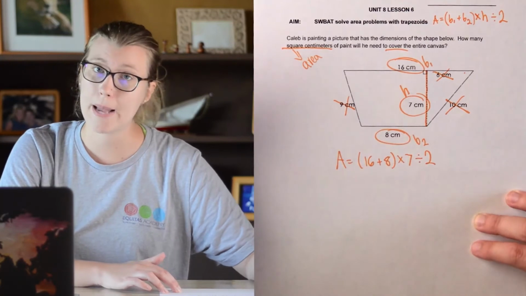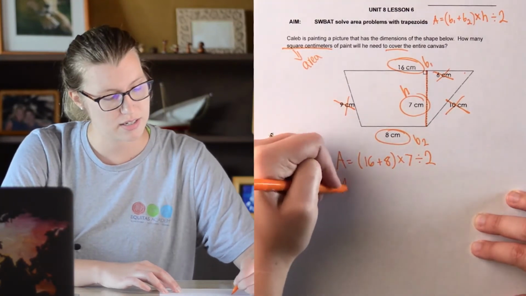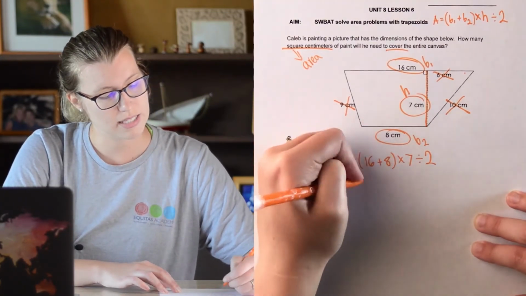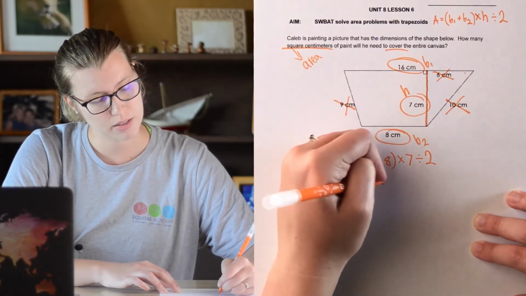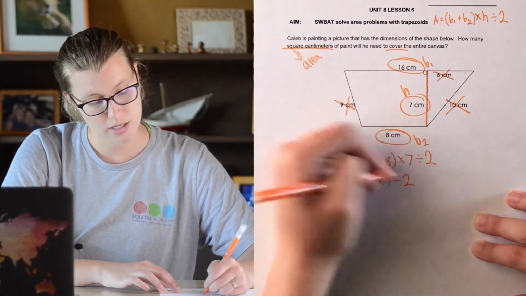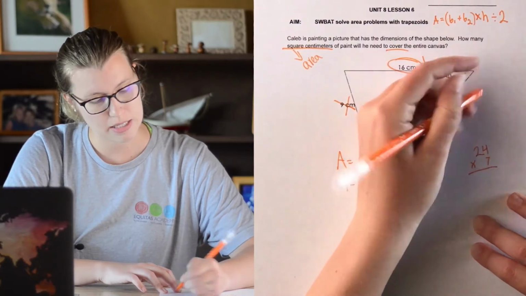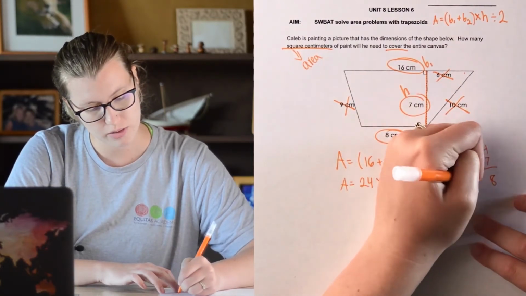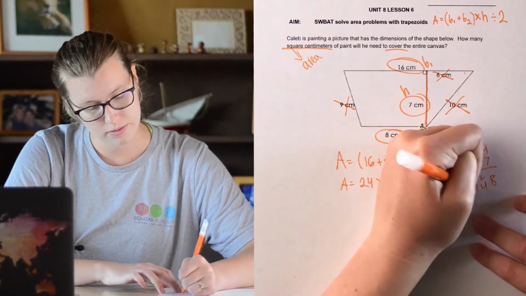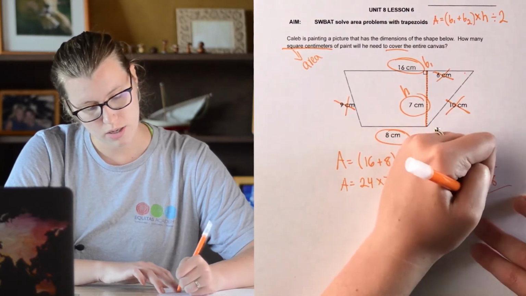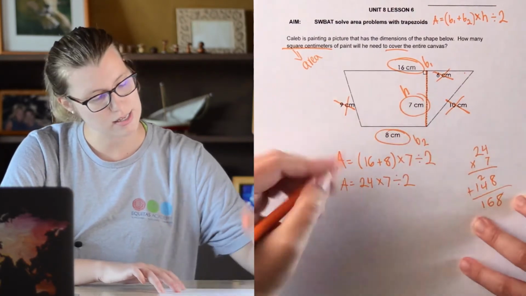All right, knowing PEMDAS, I have to add first. So 16 plus 8 is 24, times 7 divided by 2. 24 times 7, I cannot do that mental math. I don't know about you. Maybe you can. 168.